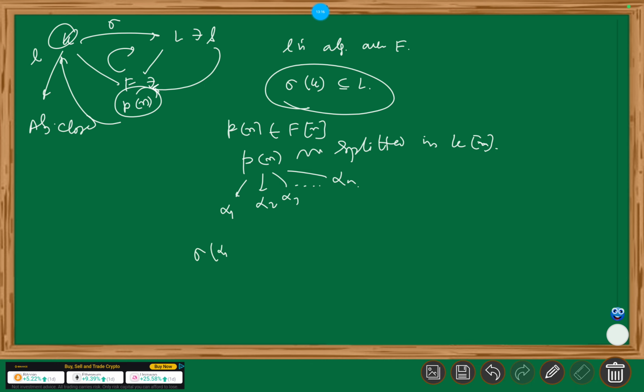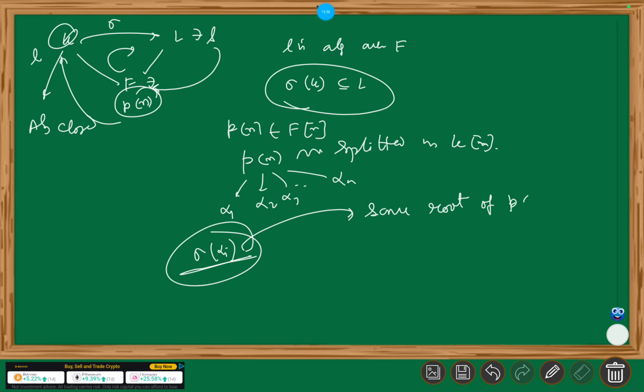Now if we apply sigma to each alpha i, what should this be? This will map to some root of P_x in L[x].